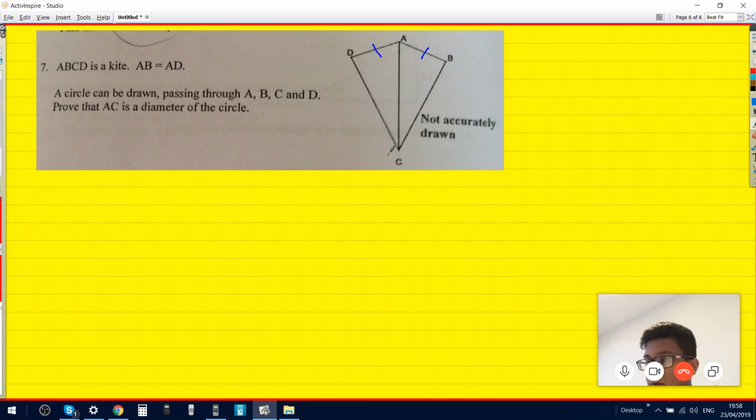Any idea how you started? Yeah, I'm looking at it. I'm just trying to work out. I've drawn a straight line from D to B. Why is that? So we need a center point.